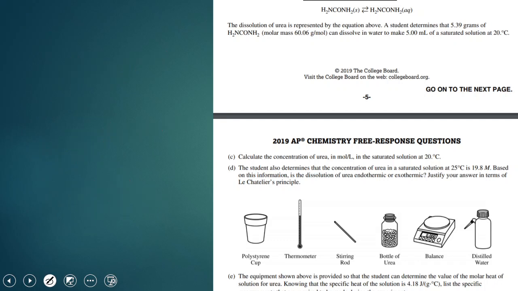All right, so question number 1D. So 1D says that we have to identify whether the dissolution is endothermic or exothermic, and we have to use Le Chatelier's principle. So what is Le Chatelier's principle?